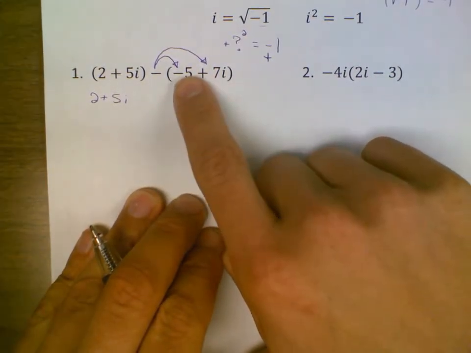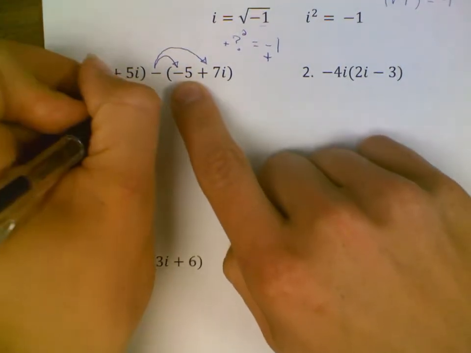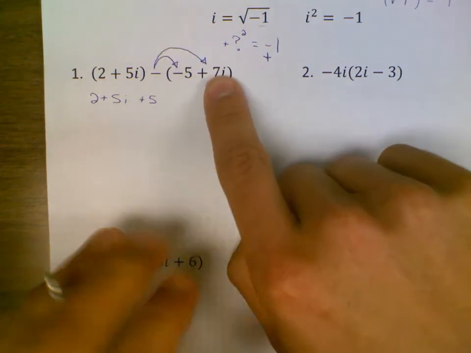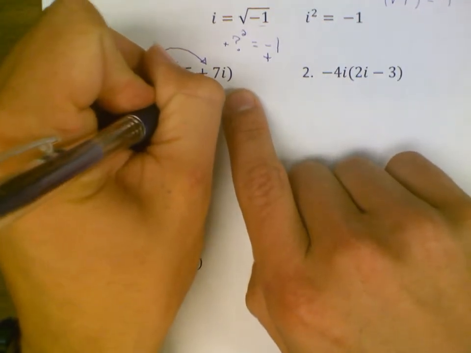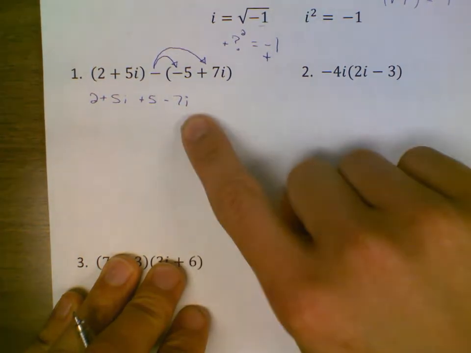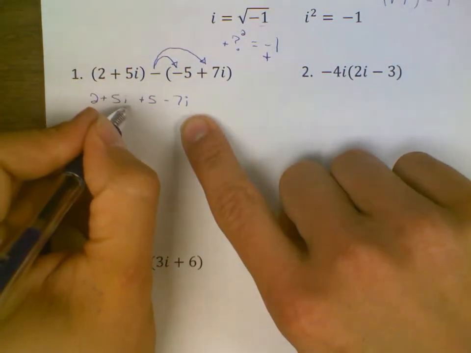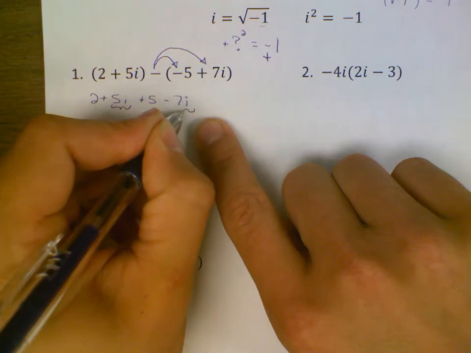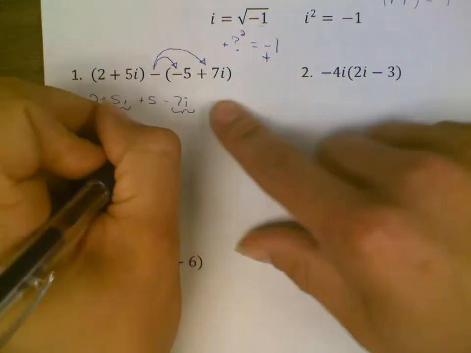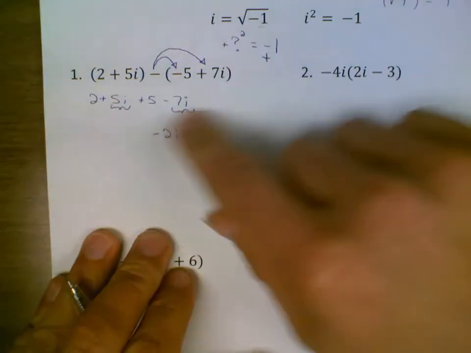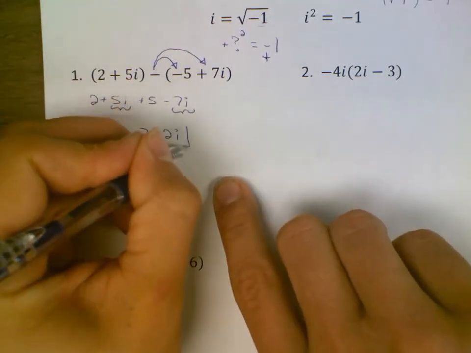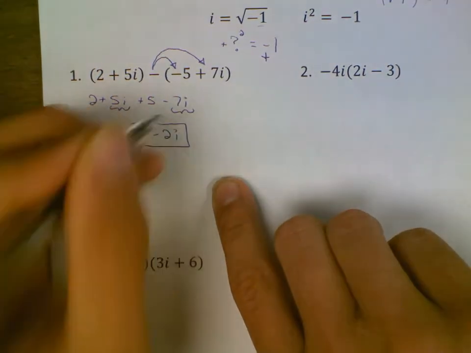This -5 will now be +5, and the +7i will now be -7i. Once I've done that, I'm just combining the like terms. I put the imaginary parts together: 5i minus 7i is -2i, and 2 plus 5 is 7. So my final answer is 7 minus 2i.